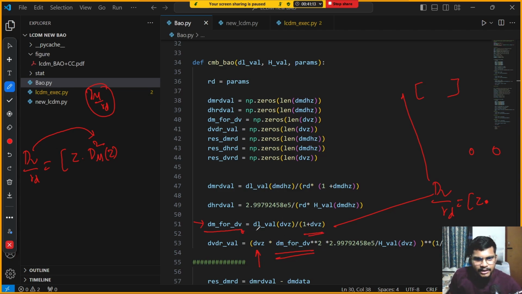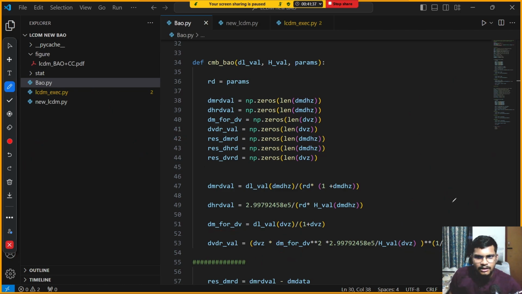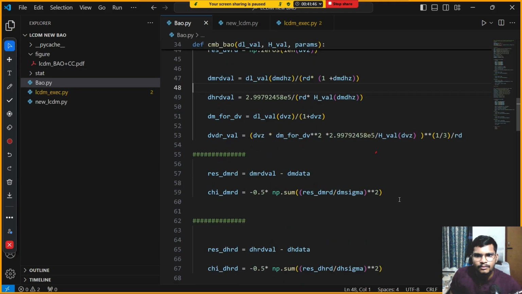It will simply contain this DV z, which has 2 data points, 2 redshifts. It will simply calculate my DM for those two. Now there is c and H for the specific DV z. So this is computed, and then there is a power and rd. Everything is done. As I told you, the chi-square will be computed like this.